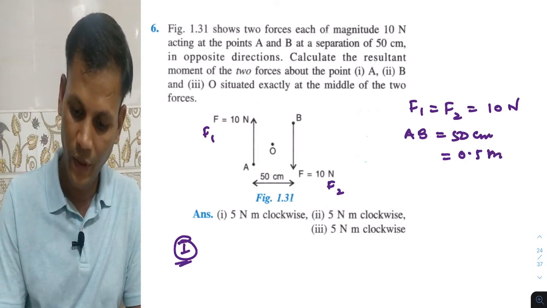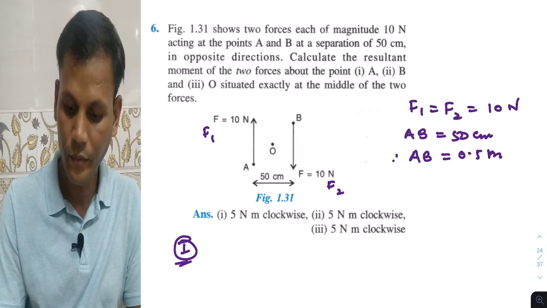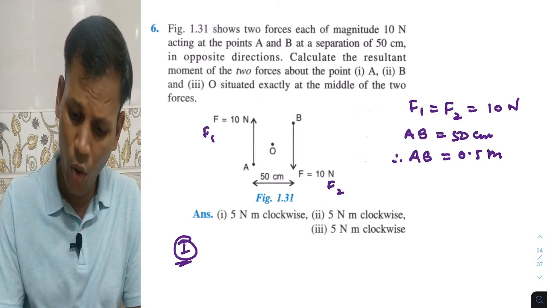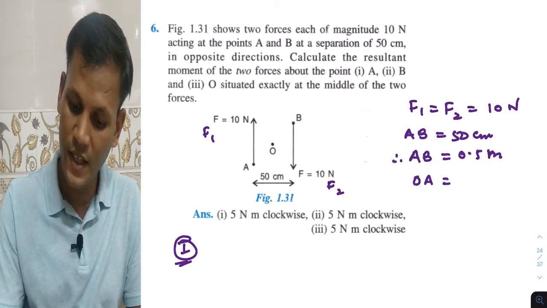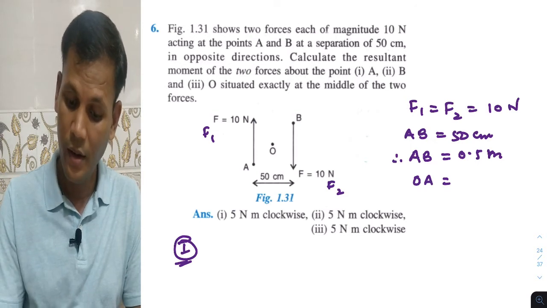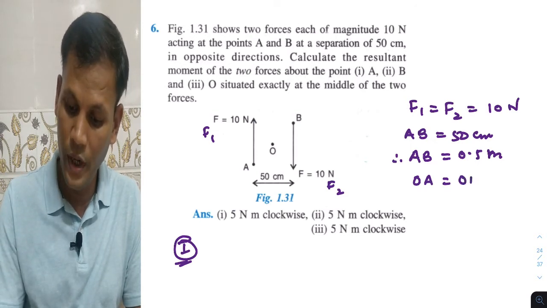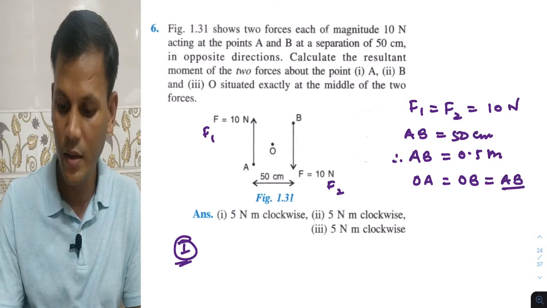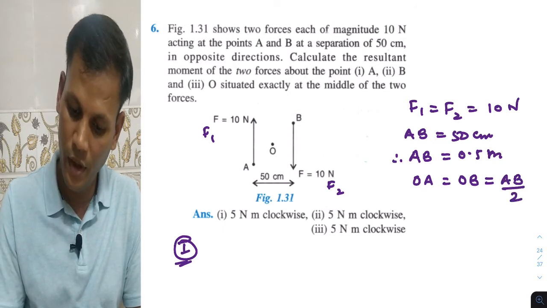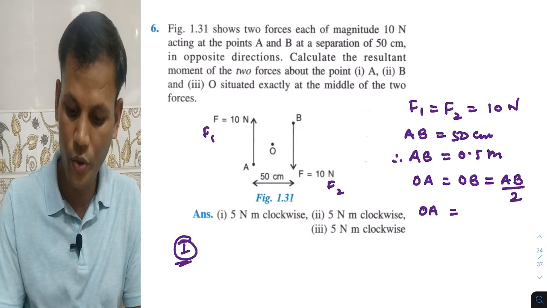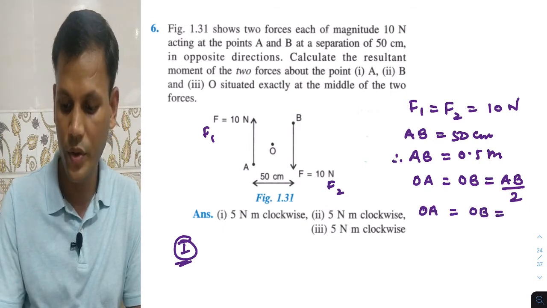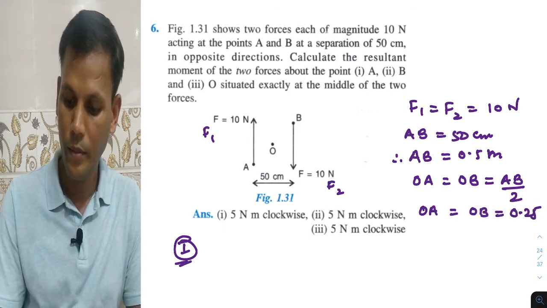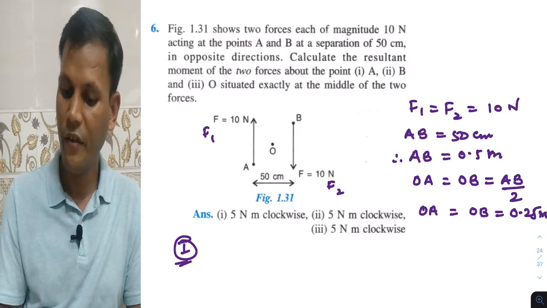We can write OA, the perpendicular distance, will be half of AB, equal to OB, which will be AB by 2. So OA is equal to OB is equal to 0.25 meter, half of 0.5.